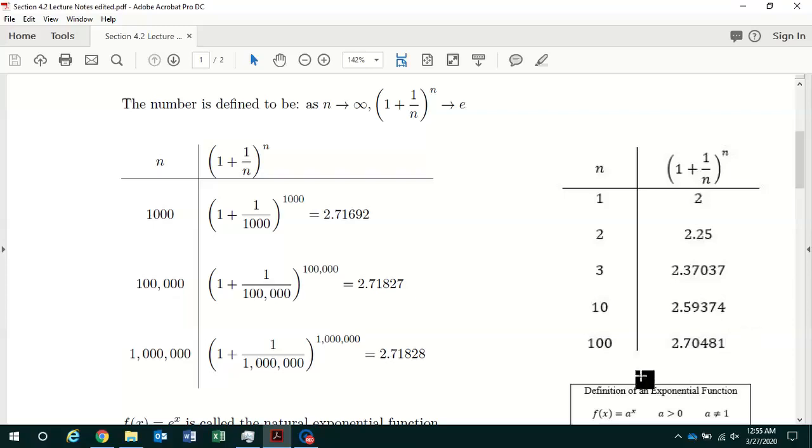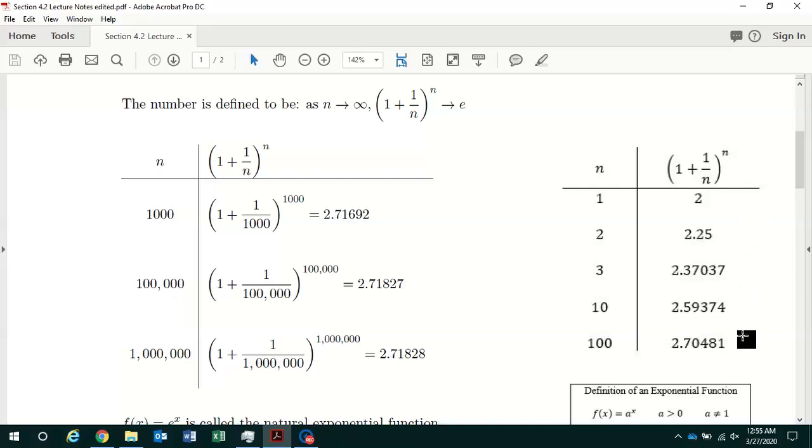We continue in this fashion until the 100th number, where we put 100 in for n and find 2.70481.